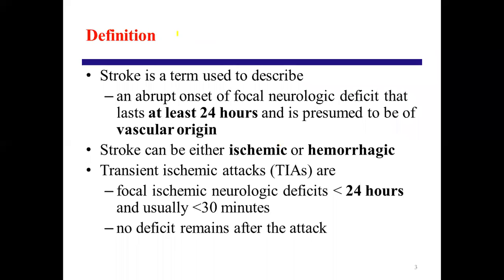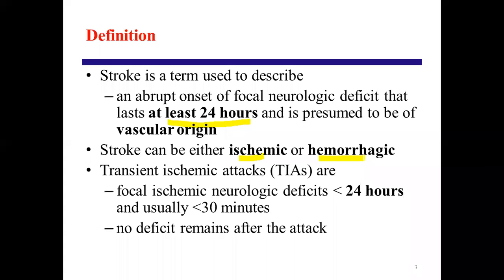Okay, then what is a stroke? A stroke is an abrupt onset of focal neurological deficit that lasts at least 24 hours. It can be either ischemic or hemorrhagic.